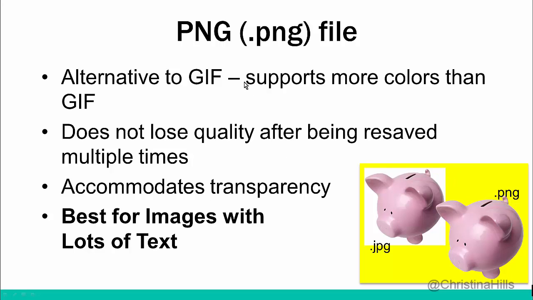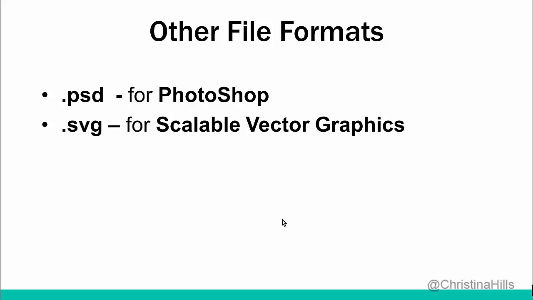So PNG is great for text or if you've got transparency. Now just a couple other file formats. I don't want to spend any time on this. PSD is the format if you're using Photoshop, and SVG is for a scalable vector graphic. I don't use this one, I don't teach it, but I just wanted to mention it to be complete.